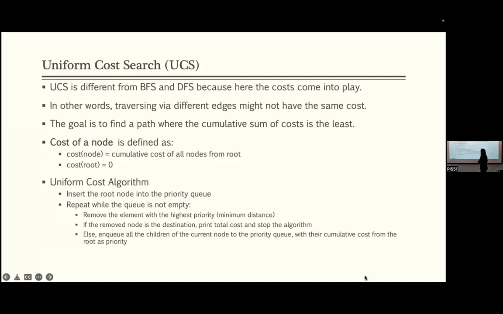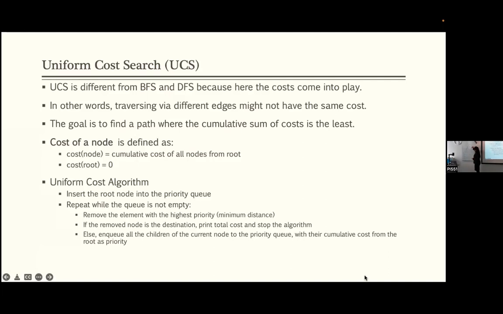So for this, the cost of a particular node is the cumulative cost of all nodes from the root. For example, if we start from A, what would be the cost of F?